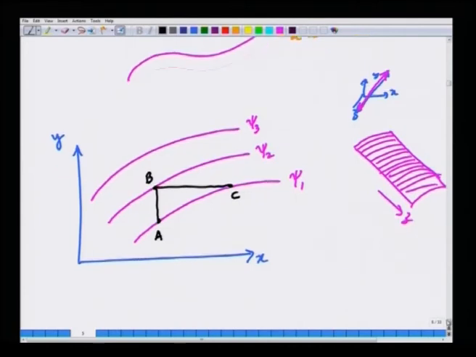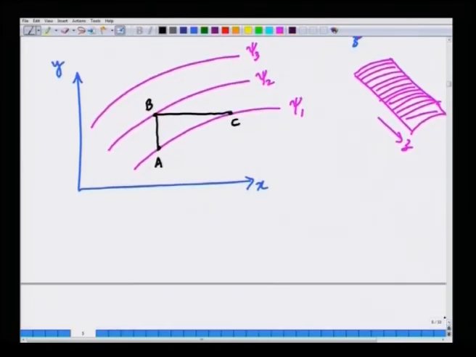So, let us find out the volumetric flow rate. First, let us use the line AB. The line AB is actually a surface, because you have to extend it in the third direction, and since things are invariant in the z direction, we can calculate everything per unit width of the third direction. So, the volumetric flow rate per unit depth across this surface AB.